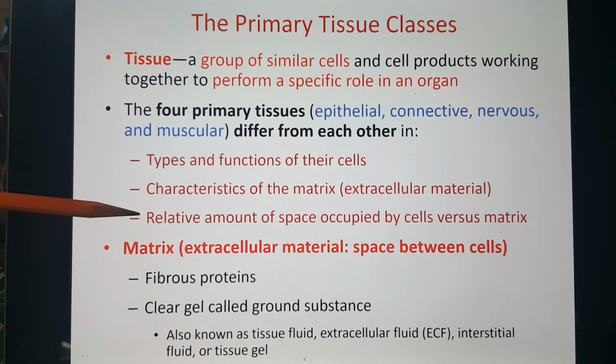And then how much space is there versus the matrix? So again, epithelial, very closely together. Connective, many times are mostly spread apart. Your muscular is pretty much packed together. Nervous, within the structures of the nervous system, they're fairly packed with each other to an extent, but they also kind of spread out a little bit.